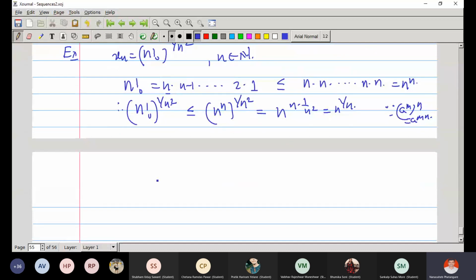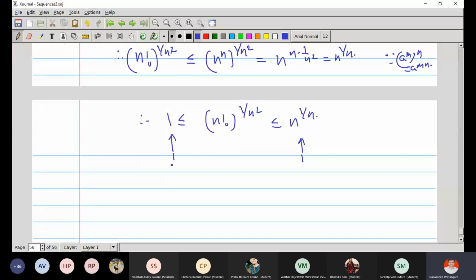And therefore, what is the situation? This quantity is greater than or equal to 1. So n factorial raised to 1 by n square is less than or equal to n raised to 1 by n. Again by the squeeze theorem or sandwich principle, this limit is 1, this limit is 1, and therefore the limit of the middle sequence is 1. The limit as n tends to infinity of n factorial raised to 1 by n square is also 1.